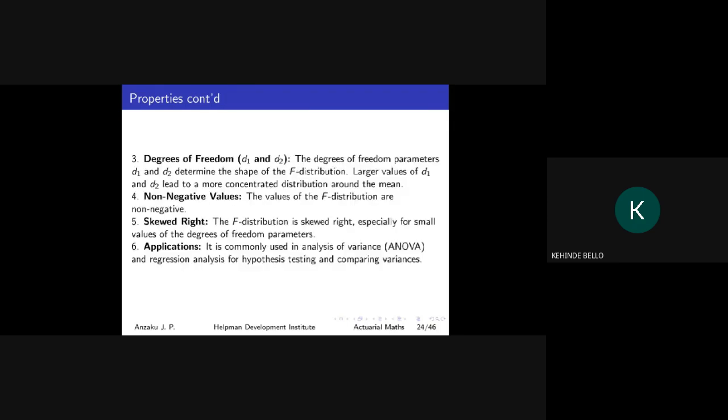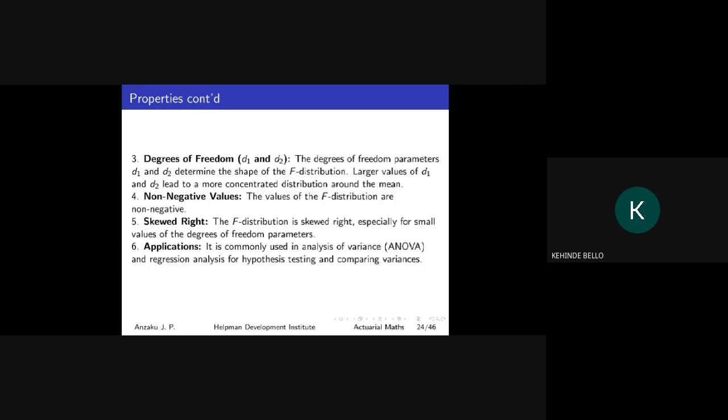Now we're talking about the other properties of the F distribution. The degrees of freedom D1 and D2 determine the shape of the F distribution. Larger values of D1 and D2 lead to a more concentrated distribution around the mean.